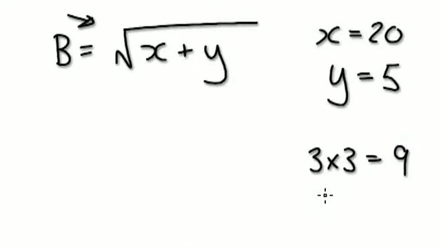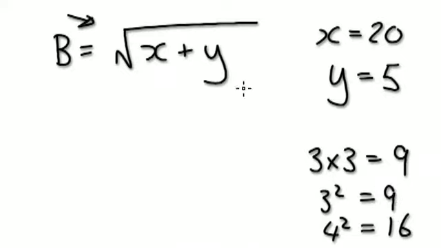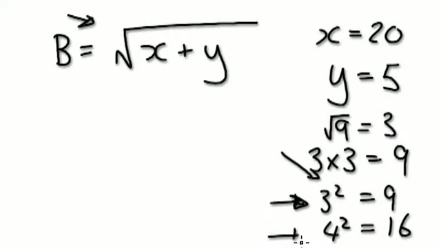Basically, 3 squared equals 9. 4 squared equals 16. Square root is really the opposite of the square. So if I say what's the square root of 9? Well, the square root of 9 is 3. Okay? If you look at this here, what's the square root of 16? So the square root of 16 equals 4. Okay? So square root is really the opposite of squared.